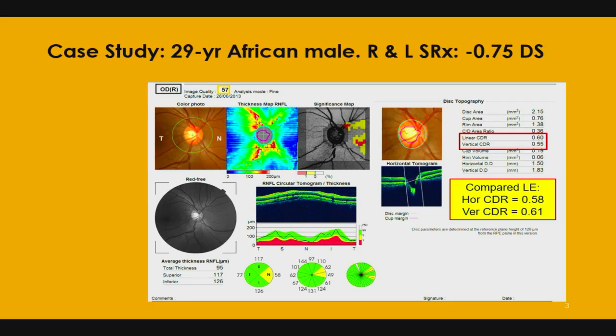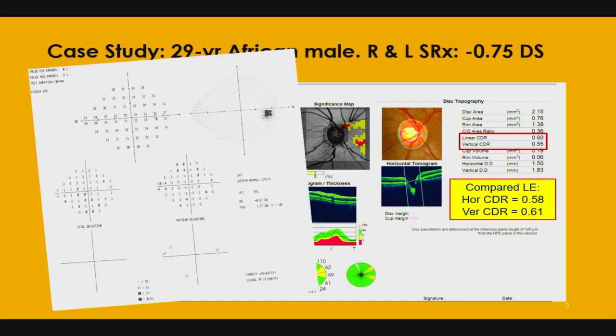You do your OCTs, and that's what it gives you. The right eye CD ratio is 0.6 or 0.55, and for comparison the left eye is also about 0.6. The person is 29 years old, and it says within normal limits.